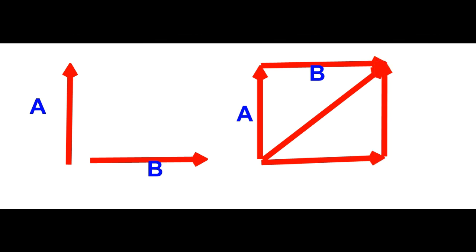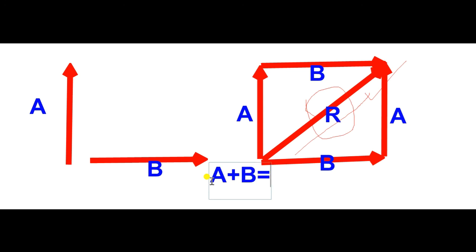You can see that in both cases, this is the resultant vector denoted by R, and this is vector B, and this is vector A. So we can see that in both cases the resultant vector is the same. Its direction is the same and its magnitude is also the same. So we can say that A plus B is equal to B plus A, and in another way, we can say that the addition of vectors is commutative. So in this way we can add two vector quantities by the head to tail rule.